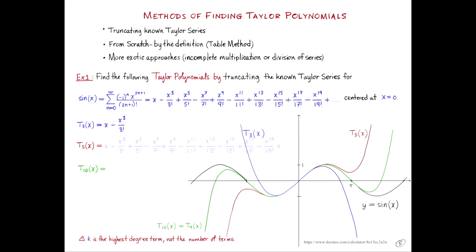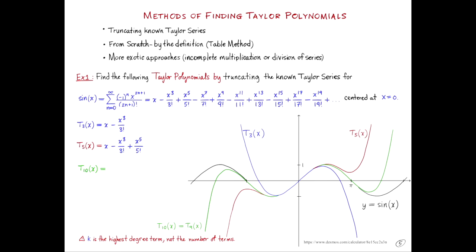Similarly, for T sub 5 of x, we work our way backwards until we get to x raised to the 5th power, giving us the 5th degree Taylor polynomial is x minus x cubed over 3 factorial plus x to the 5th over 5 factorial.